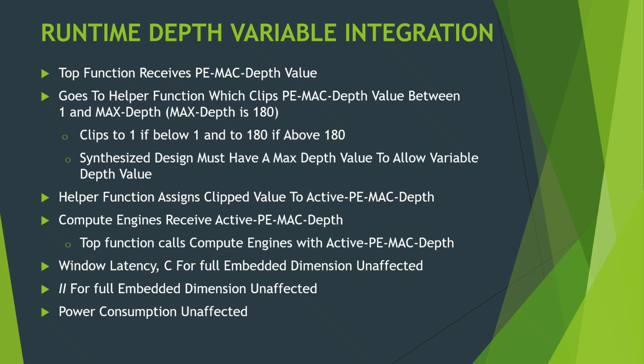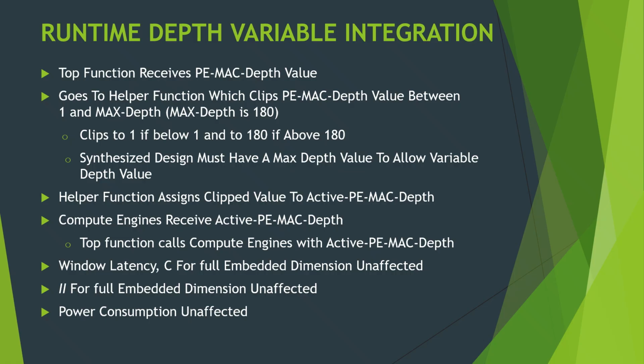After we've designed it and incorporated this helper function into the pipeline design, we run it for full embedded dimension and look at the window latency of the pipeline with our proposed method. Does the window latency become more because we added this extra helper function?